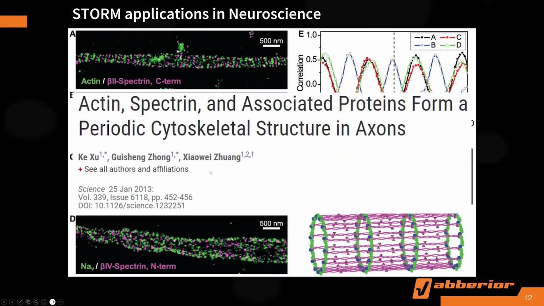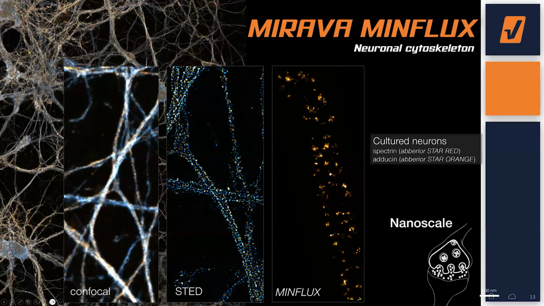Now, the technologies are much more improved, as I already showed, with our Mirava, by simply scanning as a confocal scan in the STED mode, you can already easily image the two-color 2D periodic arrangement of the spectrin protein and adducin. And with MINFLUX, we can even do single molecule imaging.